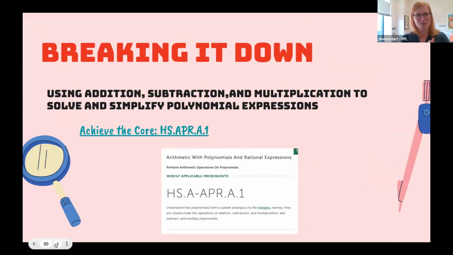I would go to Achieve the Core, click on the level E standard, but then I would spend a lot of time backward mapping to D, C, B, A, just to make sure that all of the gaps are filled for my students, to make sure that they're really learning the D standard and are ready to take it to that level E. Next, some of the level E standards can be quite difficult if there are gaps in student learning. So using the Achieve the Core website has been great to try to mitigate some of those gaps.